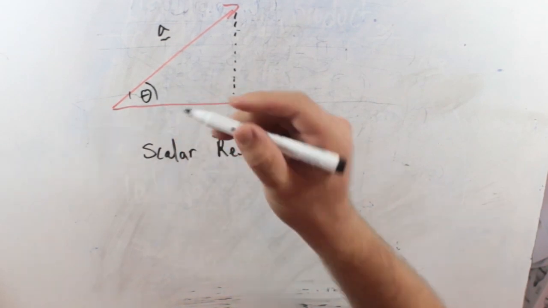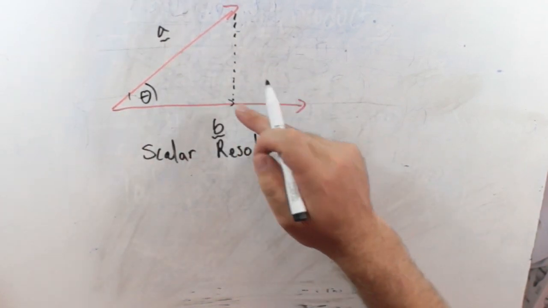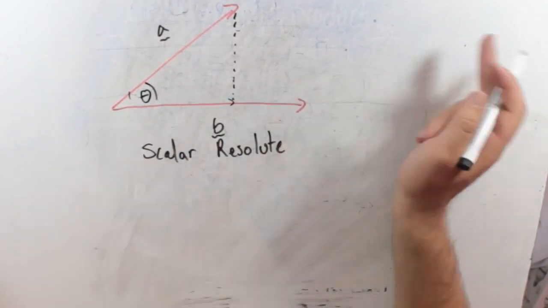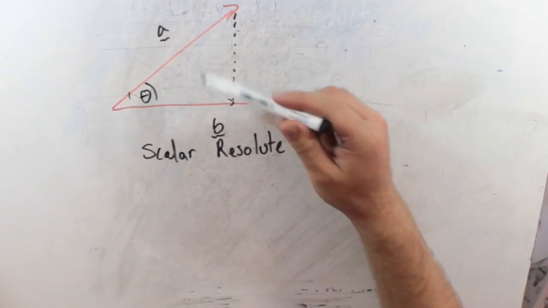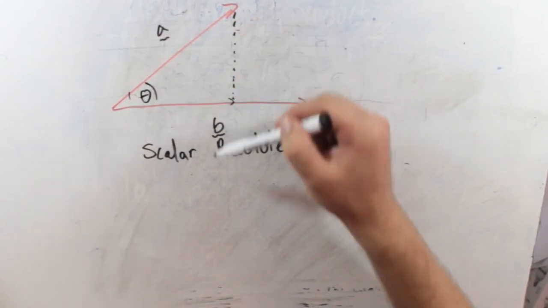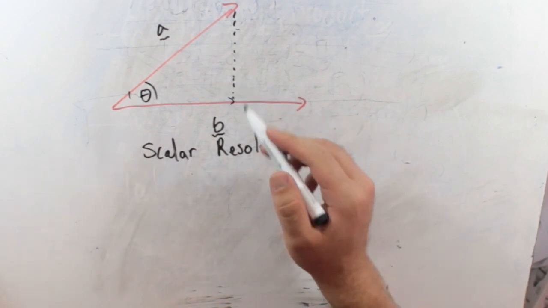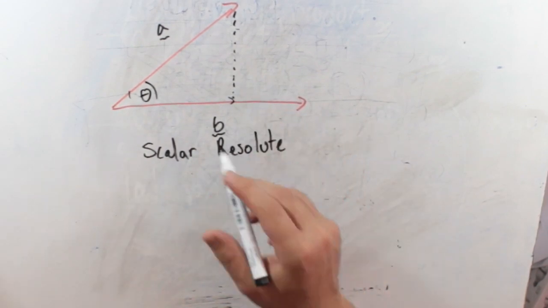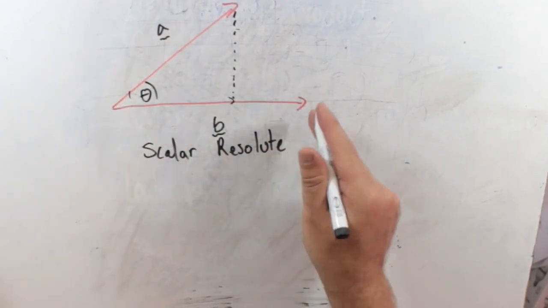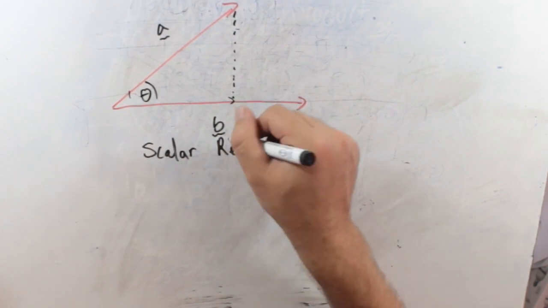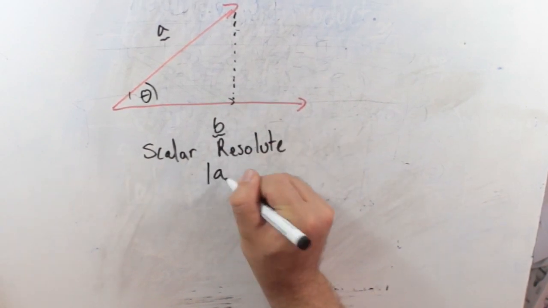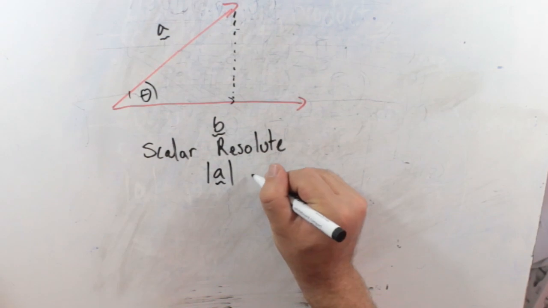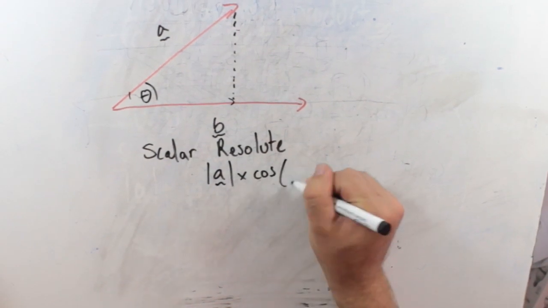So if you know the angle, you can just do magnitude of A cos of the angle, and you've got the answer. If we want to do it in terms of the dot product, that's magnitude of A times cos of the angle.